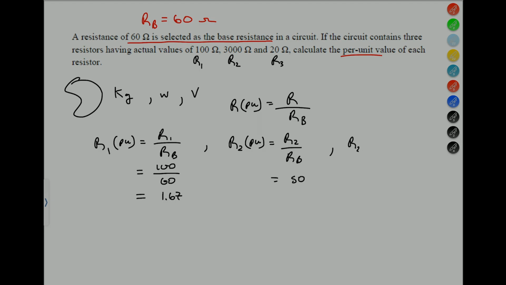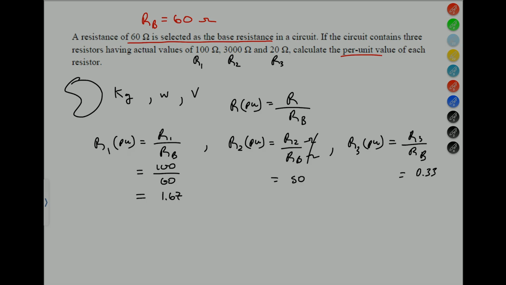And R3, the per unit is equal to R3 divided by RB, which gives us 0.33. And I shouldn't say ohms because the ohms and the ohms cancel out, which gives us a per unit value. So that value is a per unit value.